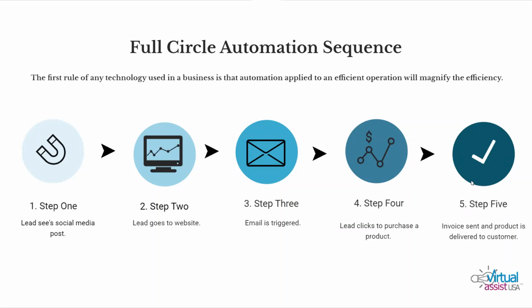The client is then able to purchase it right on the website and pay. The product is then triggered to be delivered to the customer, or they can sign a contract in a document and the service can be delivered. All this without anyone in the company doing any work aside from setting up the automation and then ultimately delivering the service.